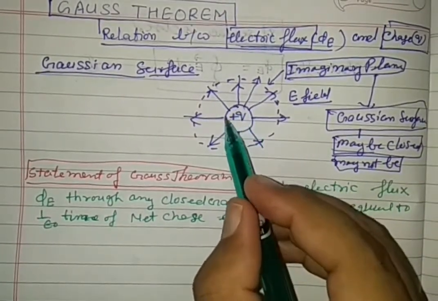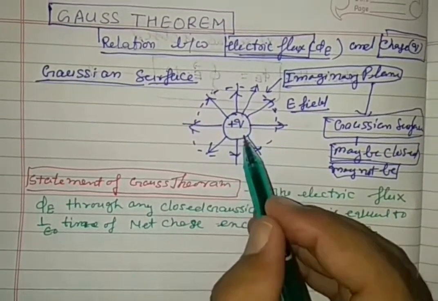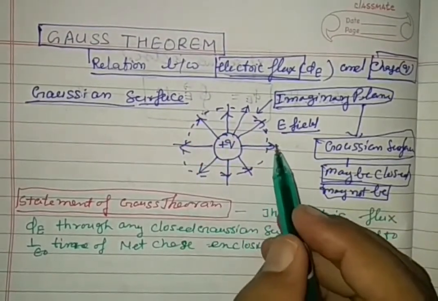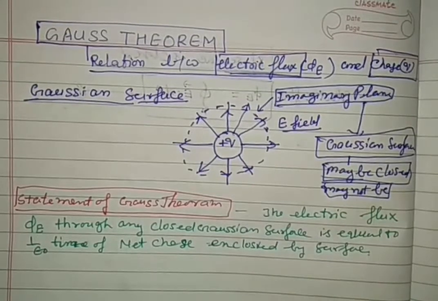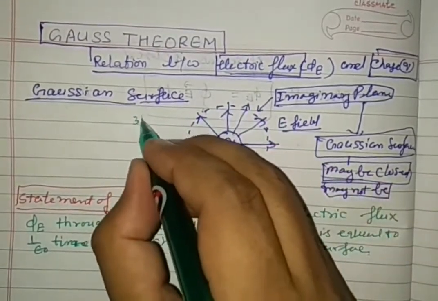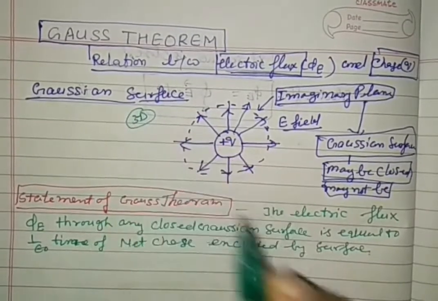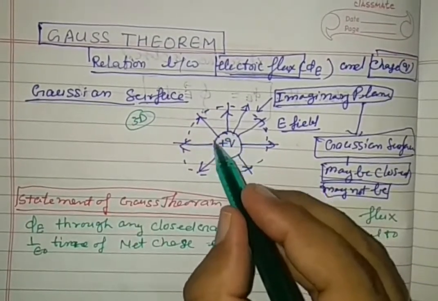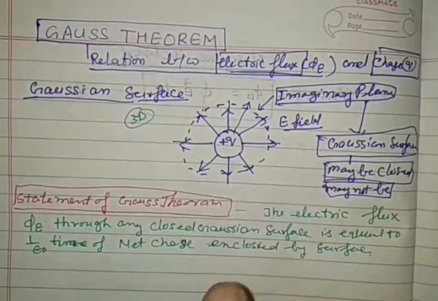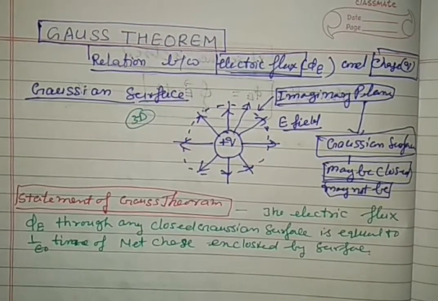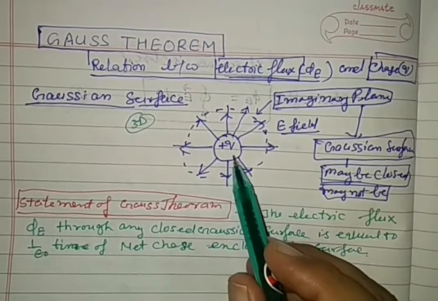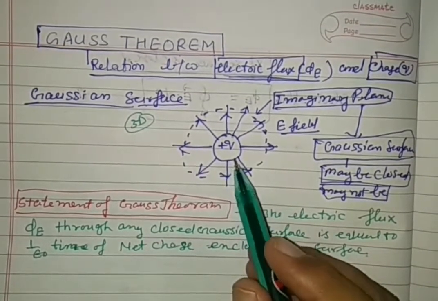See, the net isolated charge is here in the diagram, Q. This is the closed Gaussian surface through which the electric lines of force are emitted. And it is emitting in 3 dimensions, 3D. The spherical charged body emits electric lines of force in all directions. Consider it like a glowing spherical bulb, through which light emits in all directions.